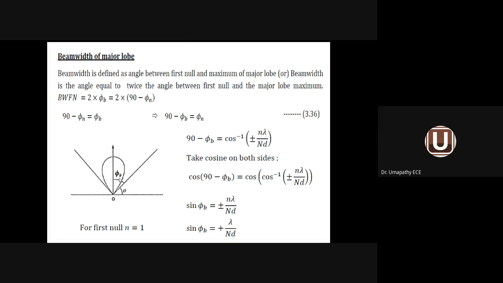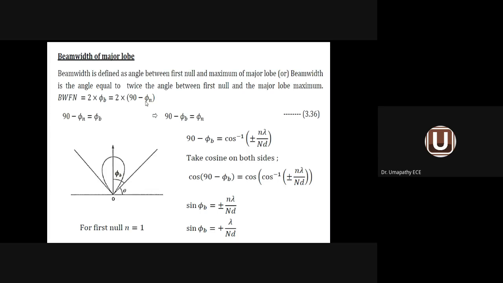The angle between the first null and the major lobe maximum is psi b. Psi b is nothing but the beam width. But the beam width between the first nulls is 2 into psi b, by definition. So 2 into (90 minus psi n). You remember that this is psi n and this one is psi b. So psi b plus psi n equal to 90 degrees.